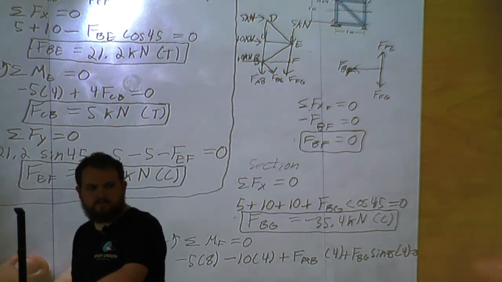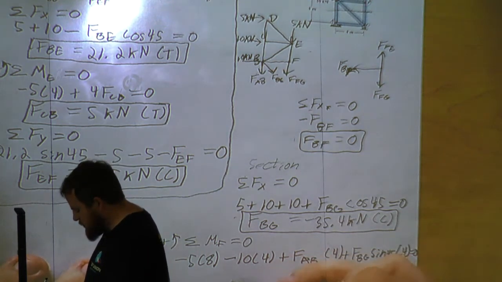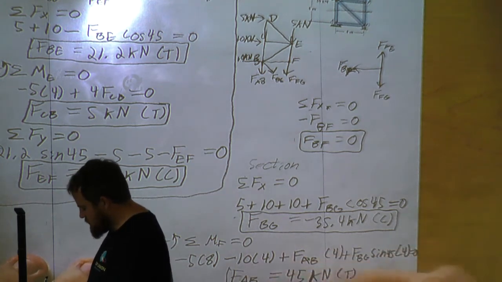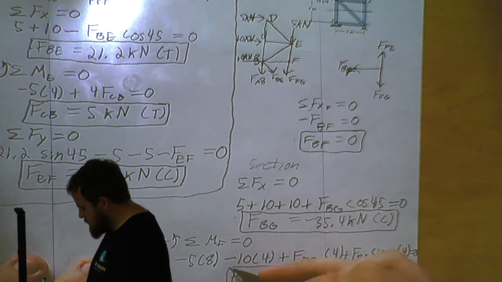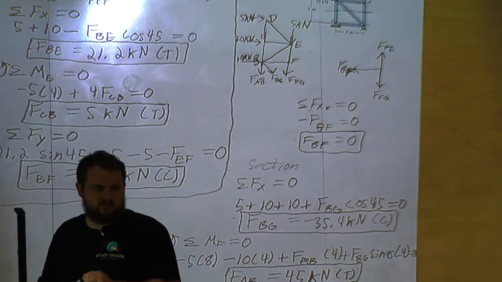Right? So from there, we know FBG, we can just plug that in. So our FAB is going to equal 45 kilonewtons, and that's going to be in tension. Okay. And that is my first question.